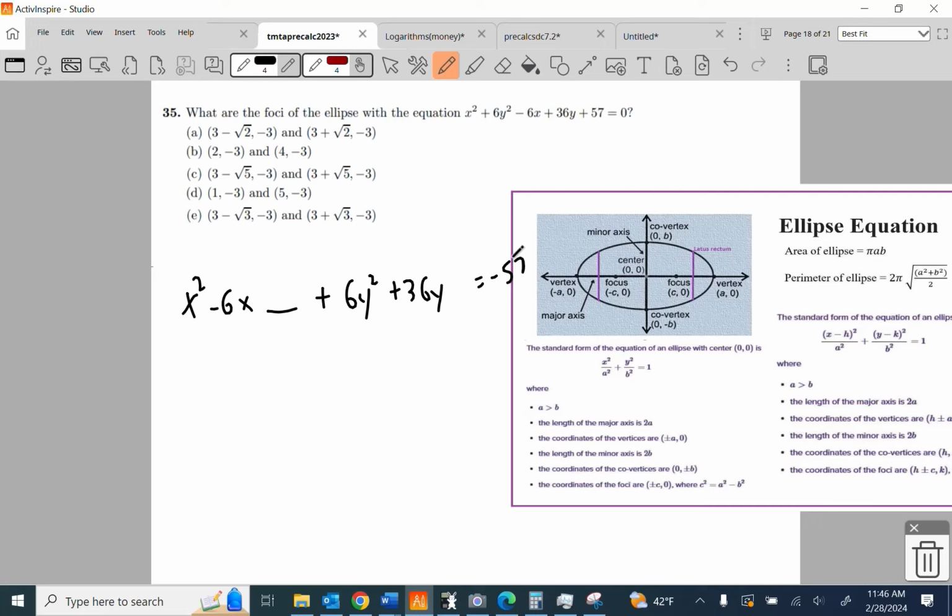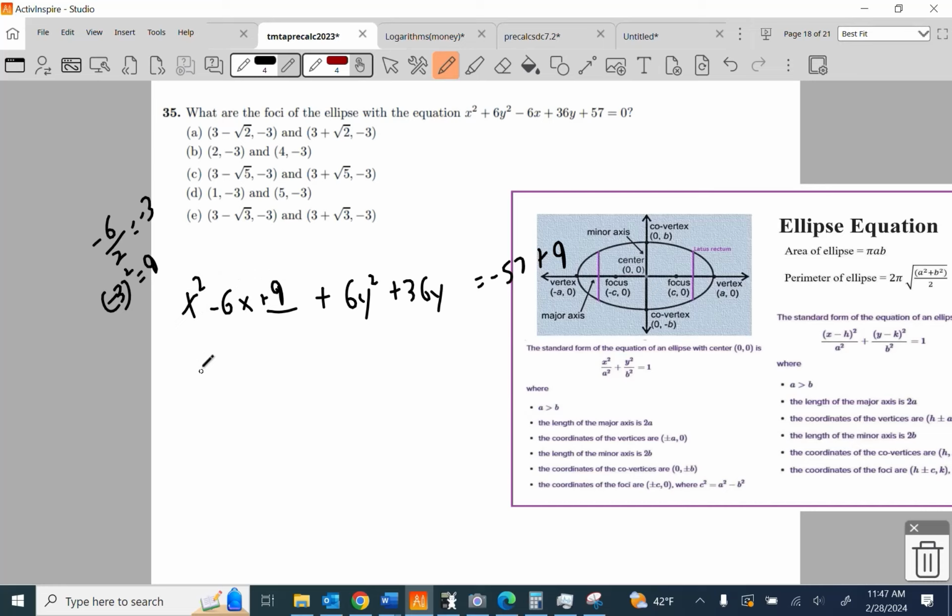And we're going to have to do some interesting things here that you may not be comfortable with, but we're going to take half of negative 6, which is negative 3. We're going to square it and get 9. And we're going to add 9 here, and we're going to add 9 here.